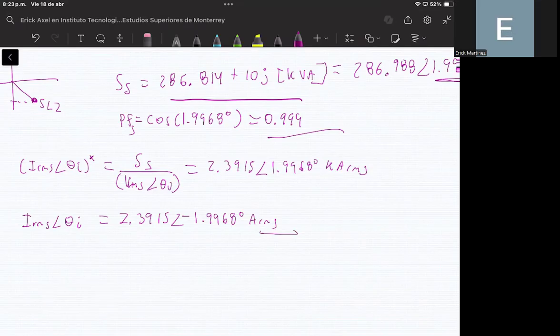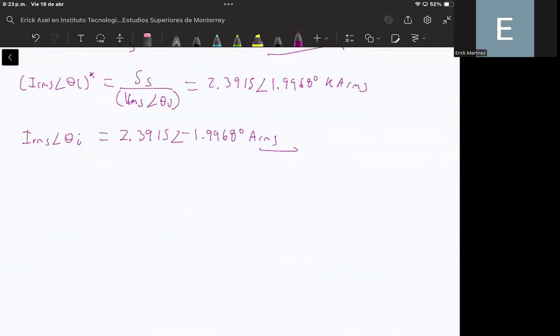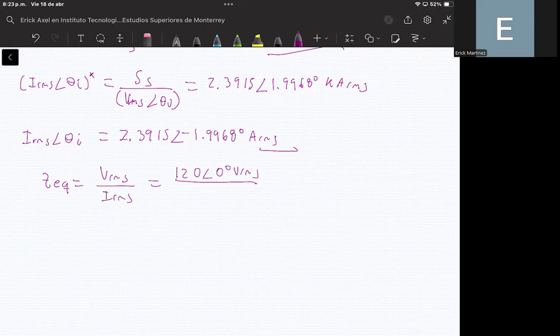And what else do we need to do? We can also compute the equivalent impedance. The equivalent impedance is the RMS voltage divided by the RMS current. This is equal to 120 with an angle of 0 degrees volts RMS divided by this current, 2.3915 with an angle of minus 1.9968 degrees kiloamperes RMS.